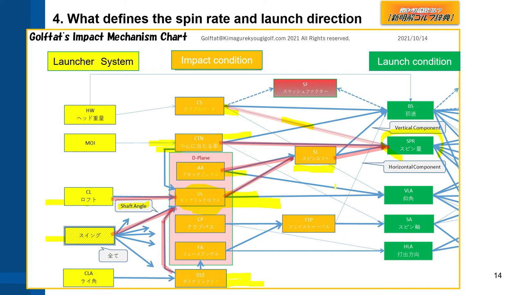However, in iron impact, club speed has more influence on spin rate. And the centeredness has a significant impact on the spin rate in driver impact because, as you may know, the gear effect. However, this is a video for D-Plane, so we only cover the spin loft in this episode.